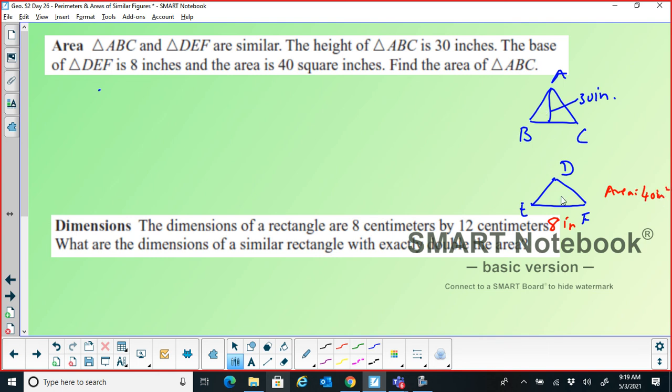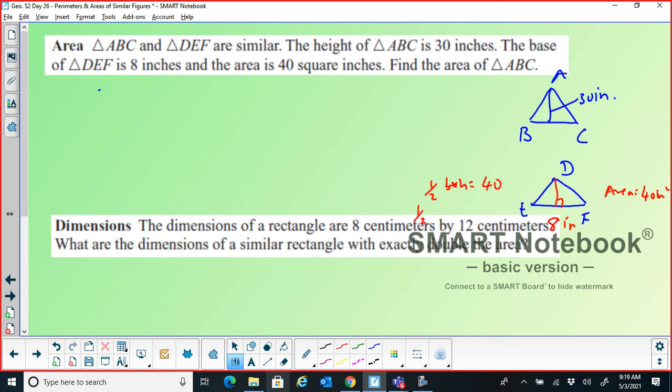So the information is not consistent. Had I got this height, then I can compare height 1 square divided by height 2 square equals the area ratio A1 to A2. Let's find out the height. I can find it because I have the base and the area. So half of base times height equals area, which is 40.